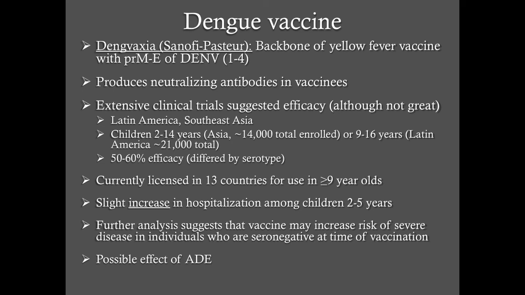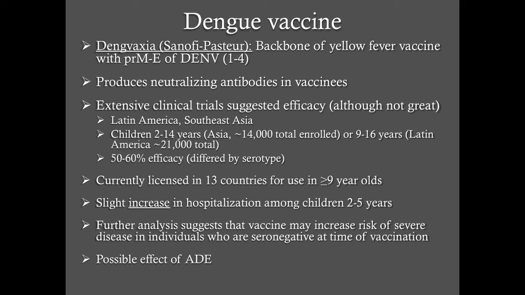And in Latin America, slightly older, and that was 21,000 individuals. And then you just follow these individuals and see who gets dengue, and define vaccine efficacy by the hopeful reduction in the number of dengue cases in your vaccinated cohort, right?